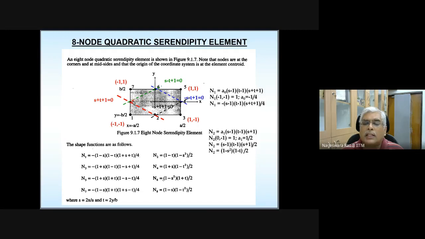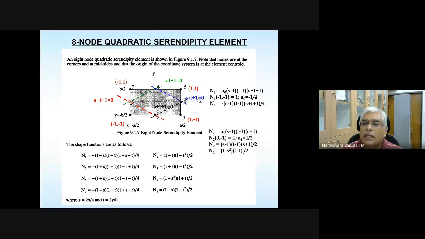So let's see. The 8-node element satisfies the conditions. Whatever expressions we derived satisfy the first two conditions that I mentioned: the values of N1 to N8 are equal to 1 when evaluated at their own node, and equal to 0 when evaluated at other nodes. Now let's say you remove this 8th node and adopt the same expressions.